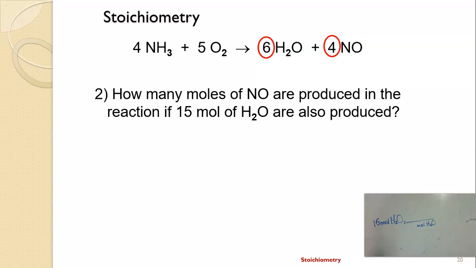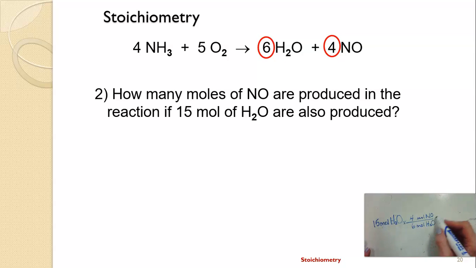What am I looking for? I'm looking for moles of nitrogen monoxide. So I put moles of NO in the numerator. Then I use that mole ratio. How many moles of NO are in my balanced equation? 4. How many moles of water? 6.